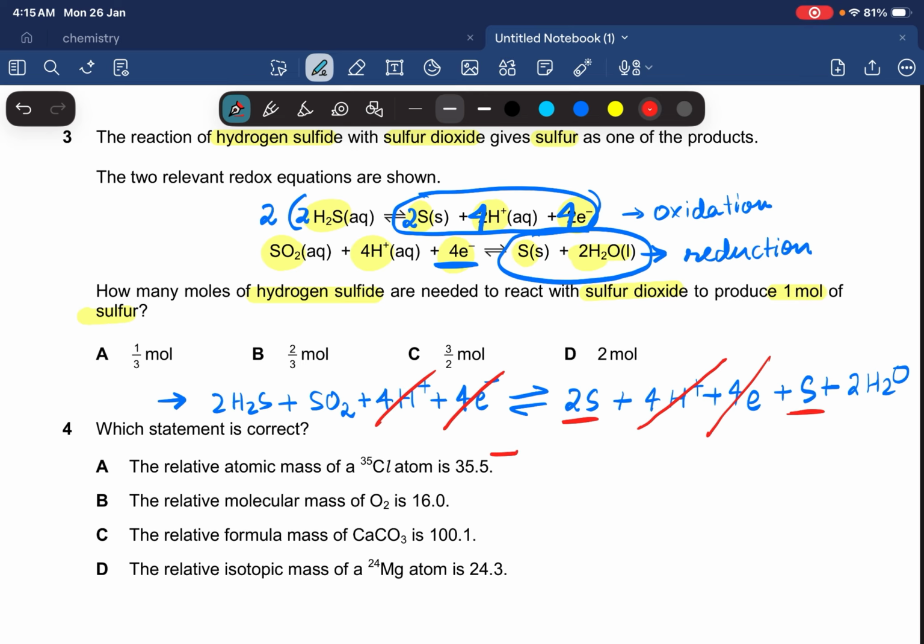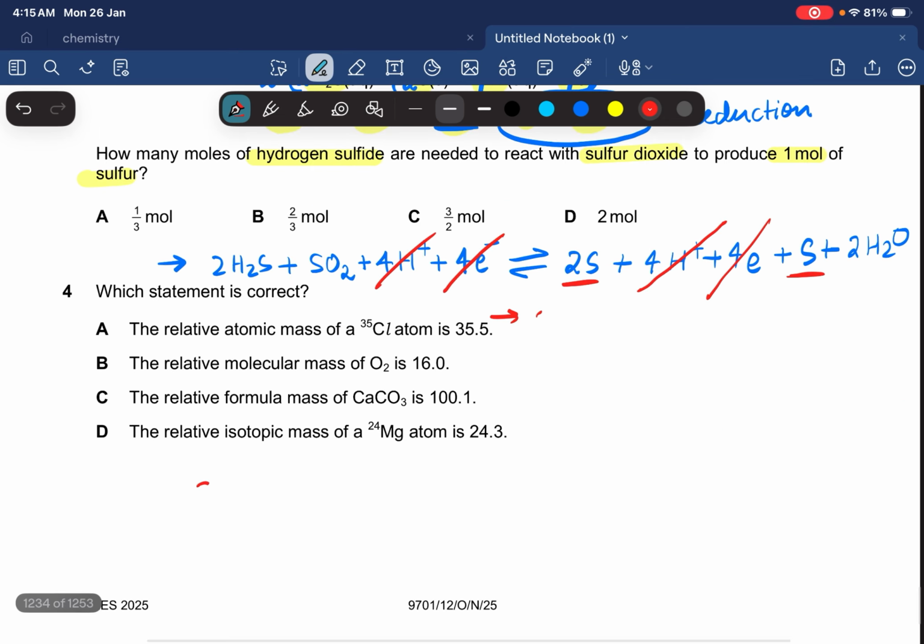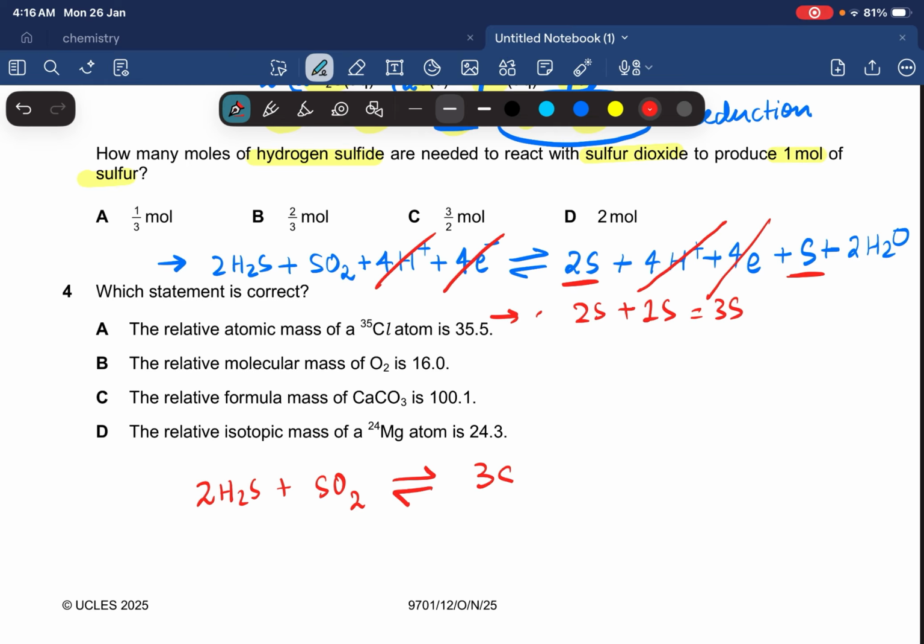My proper equation comes out to be 2H2S plus SO2. It's going to form 2S plus 1S. So 2 sulfurs here plus 1 sulfur here, you form 3 sulfurs, plus 2 times water. So that's my full balanced chemical equation.